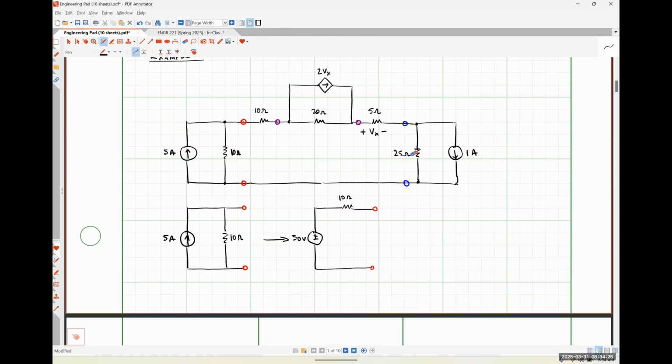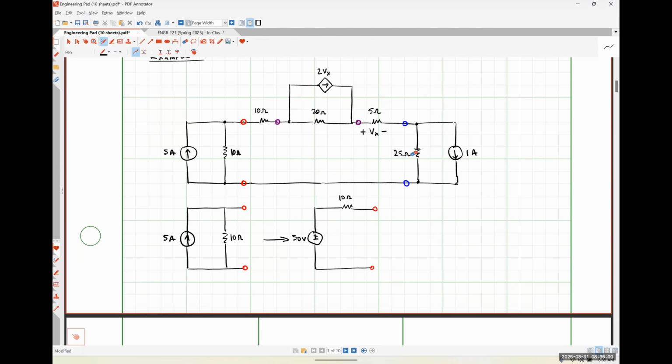So if the voltage Vx were the voltage drop across the 25 ohm resistor in parallel with the 1 amp source, it would be the voltage drop across the terminals of the practical voltage source. Whenever the controlling variable is a current, that kind of ruins everything. So I, generally speaking, tend to never transform the element that is controlling the controlling variable, because it's too easy to make a mistake and lose that information or misapply it elsewhere.